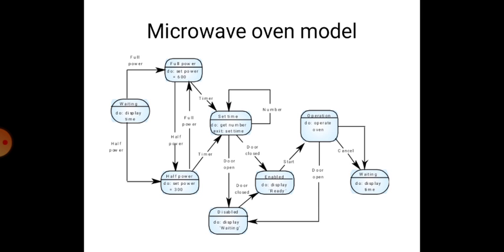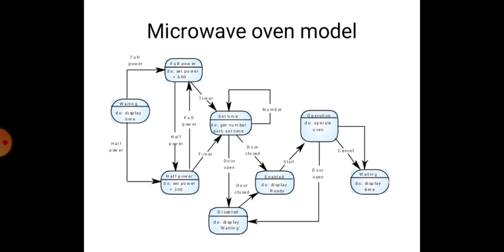Now we are taking the example of a microwave oven model. Just look into this picture. You can see a state machine model for a simple microwave oven. We have rounded rectangles which tell us the state, and there are different states shown by different rectangles.